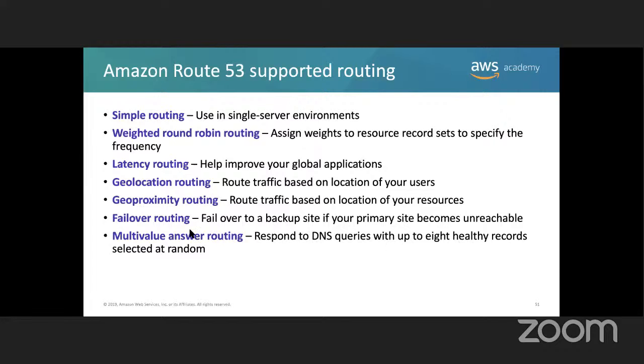Okay, it's just when you have one record, one application pointing to different records, to different IP addresses, right? And then this is just to make this more highly available. So it just returns an IP address randomly.